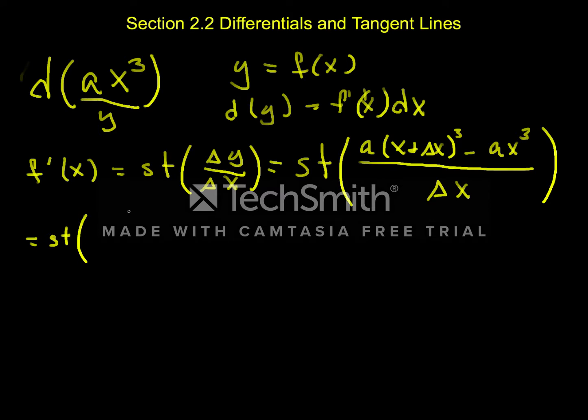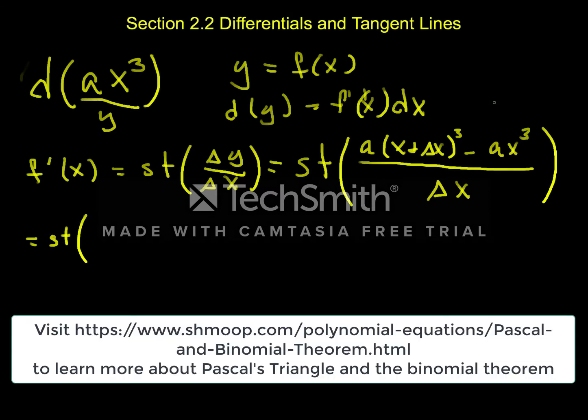Expanding this out, and I'm not going to do the gory details. You can either use Pascal's triangle to determine what the coefficients are, or you can just FOIL this out 3 times.